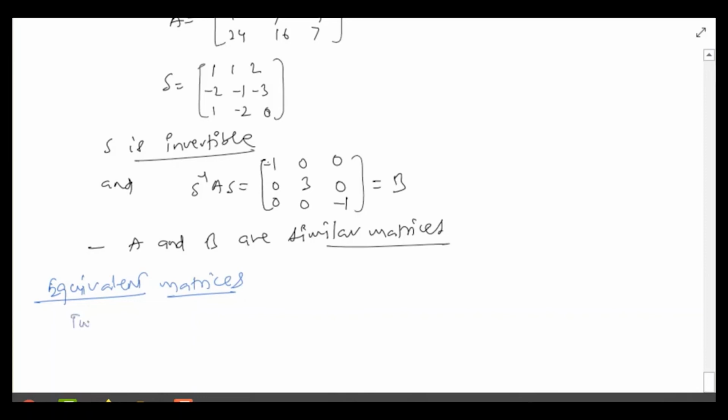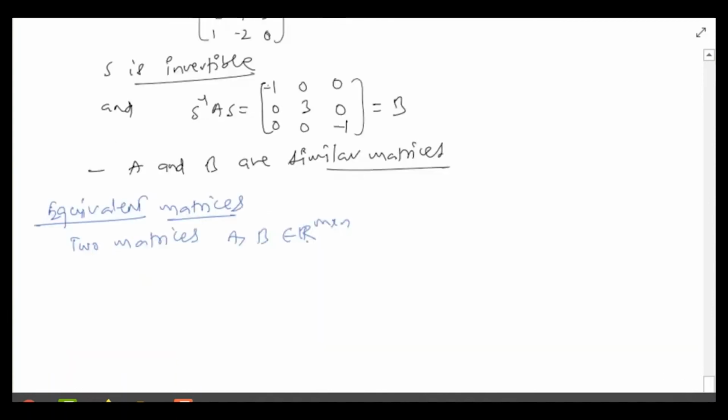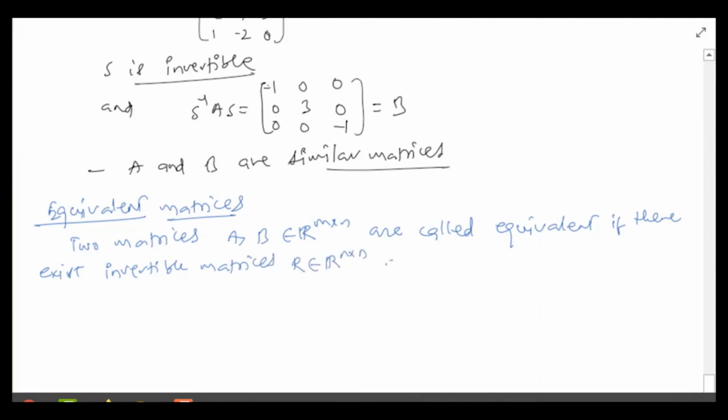Two matrices A and B that are not necessarily square, so they are m by n matrices, are called equivalent if there exist two other invertible matrices R, which is n cross n, and S, which is m cross m, so that B is S inverse AR.